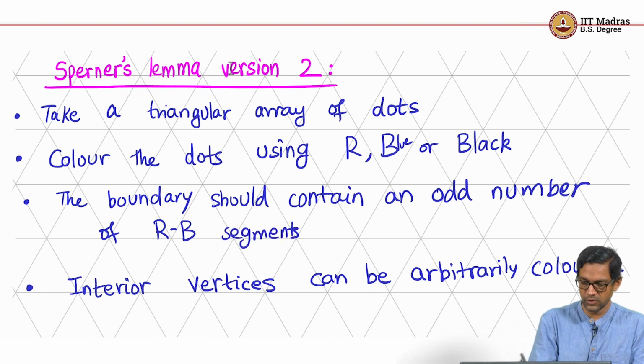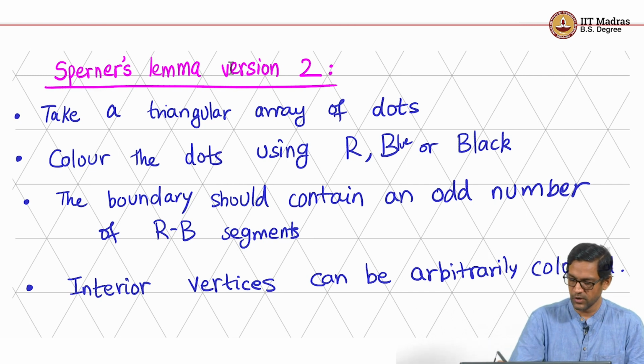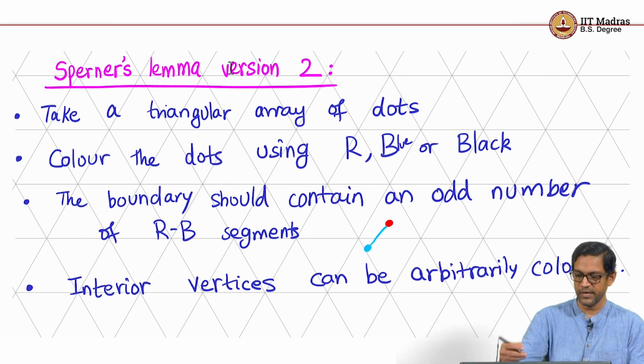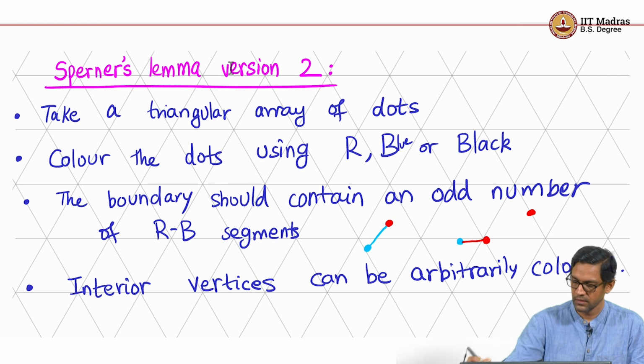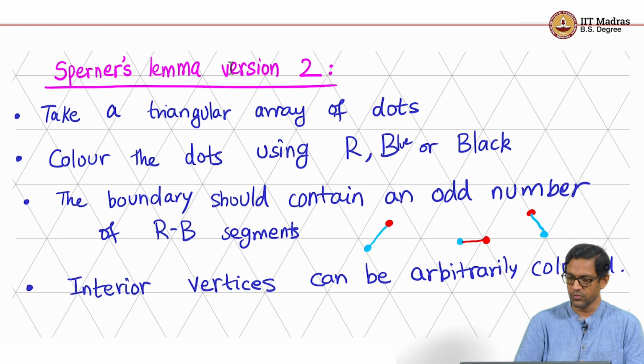Okay, so we sort of know what we mean by this. So one dot colored red and the adjacent dot colored blue. Okay, and this could be on any of the boundaries. So as we saw in these various examples, it could be like this, or it could be on the other boundary as well. Okay, and I can have blue first and then red, or red first and then blue, does not matter.